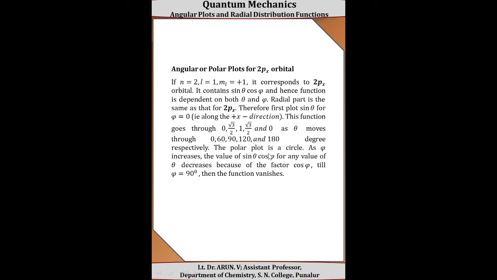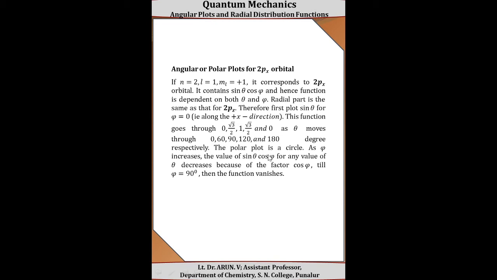Therefore, first we plot sin theta for phi equal to 0, that is along the plus x direction. This function goes through 0, root 3 by 2, 1, root 3 by 2 and 0 as theta moves through 0, 60, 90, 120 and 180 degree respectively.